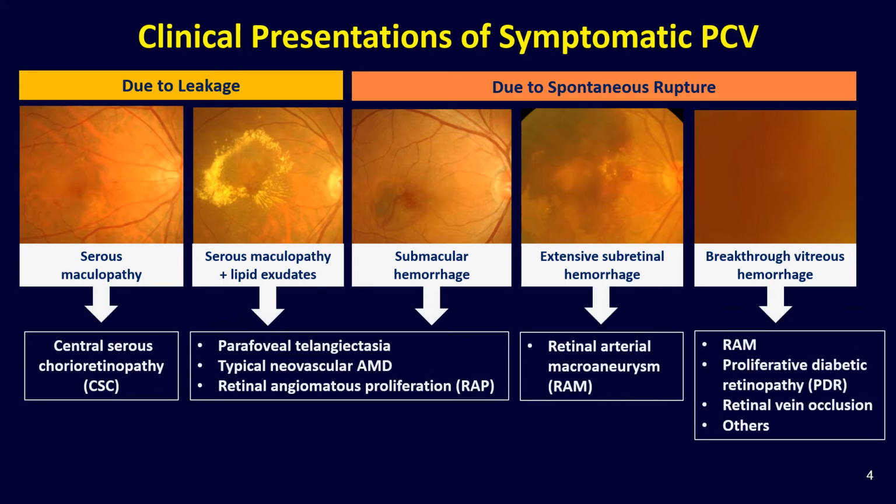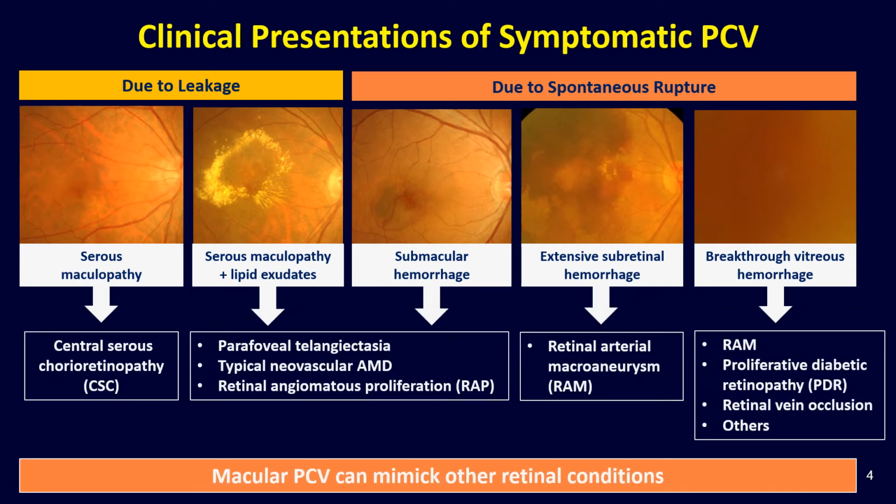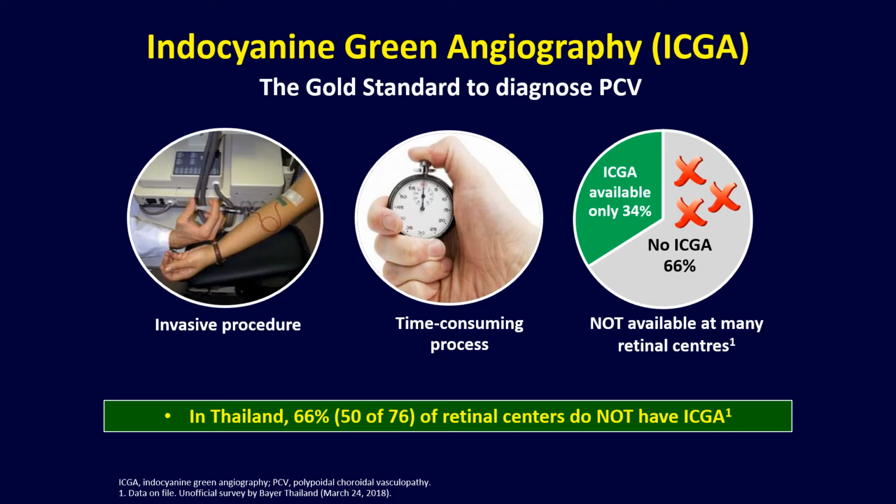So this presentation of PCV can mimic many other retinal diseases, including central serous chorioretinopathy, typical neovascular AMD, and many others. The gold standard investigation to diagnose PCV is ICGA. However, ICGA is invasive, time-consuming, and most importantly, it is not available at many retinal centers.